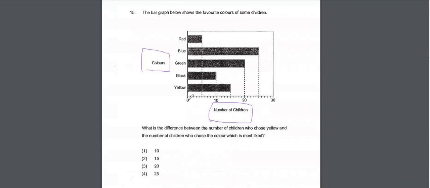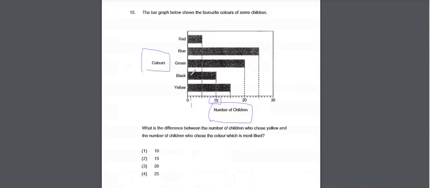Here is 0, and 10 lines later, this is 10, correct? So one line represents 1, because 10 lines represent 10. So it goes 0, 1, 2, 3, 4, 5, 6, 7, 8, 9, 10, and so on.